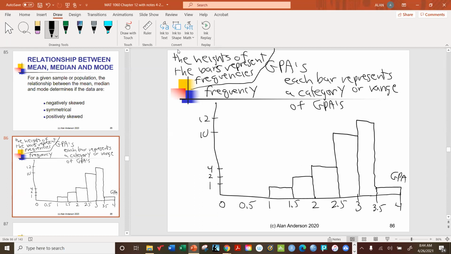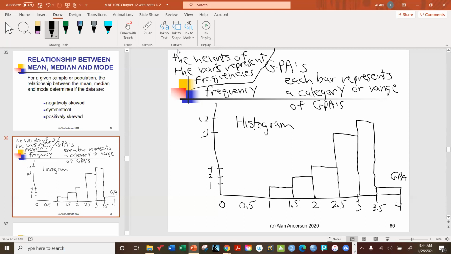So this type of graph is called a histogram. The name seems a little weird. It comes from a Greek word, which I looked up once. It has something to do with the heights of masts on a ship. So you can imagine these are ships with masts on them.